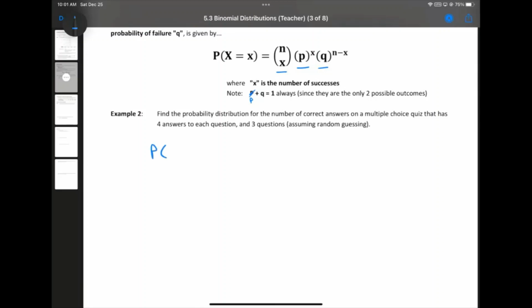Let's use x equals x. And I'm going to remind you this is the number of successes, which in this case is going to be correct answers.